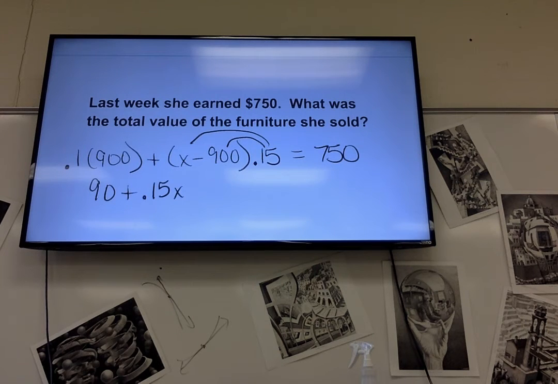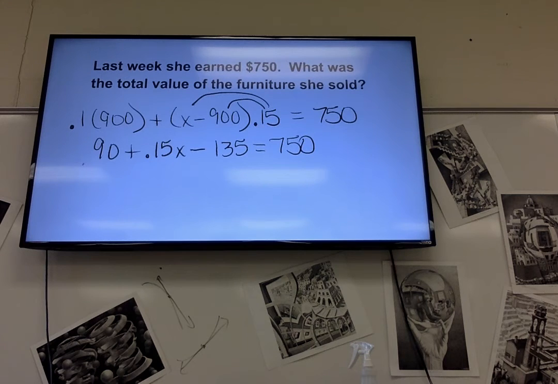What's 0.15 times 900? Yes, 135. I'm going to combine the 90 and the minus 135.